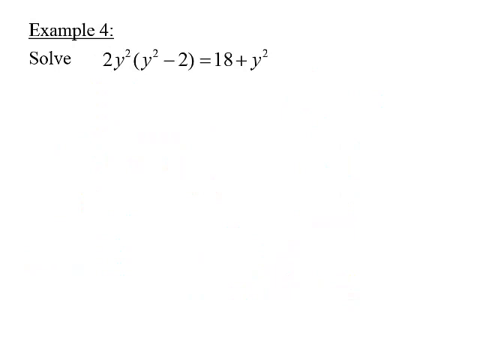One last example for the polynomial equations is to solve 2y squared times y squared minus 2 equals 18 plus y squared. So we need to multiply on the left to get 2y to the fourth minus 4y squared equals 18 plus y squared.